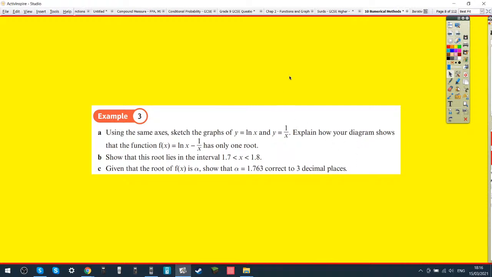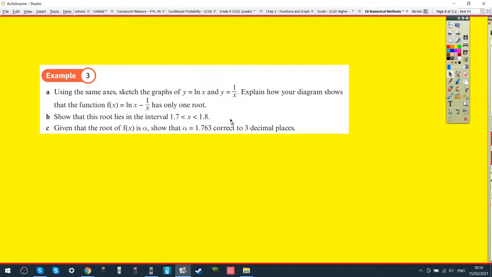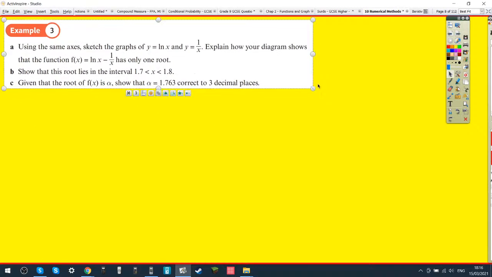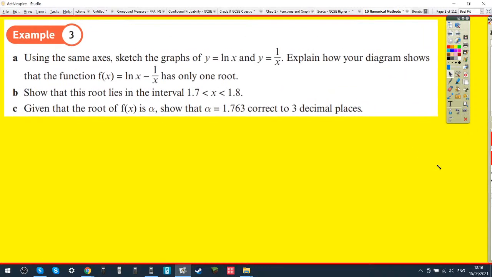Okay, sketch these 2 graphs. Any idea how it will show that there's only 1 root in the interval?